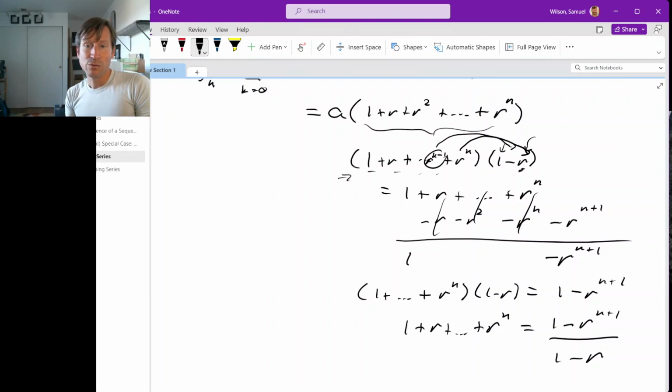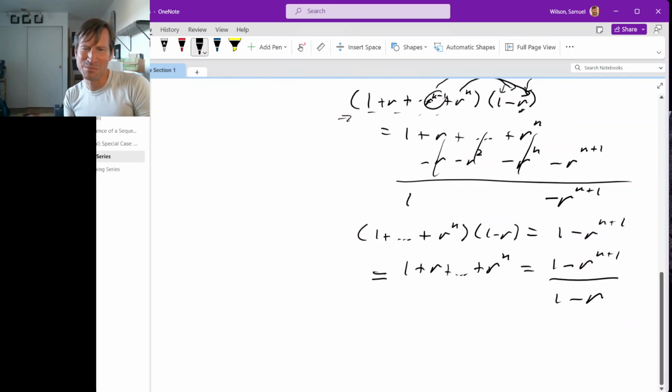Well, remember this sum on the left here, this is the nth partial sum of our geometric series, almost, sorry, not quite. To turn this into the nth partial sum, I need to multiply both sides by a. So if we multiply this by a, that gives us our nth partial sum.